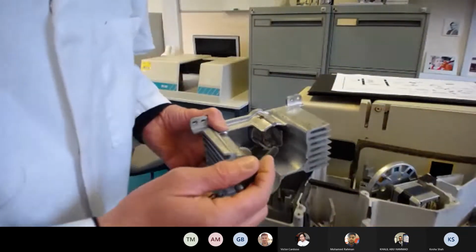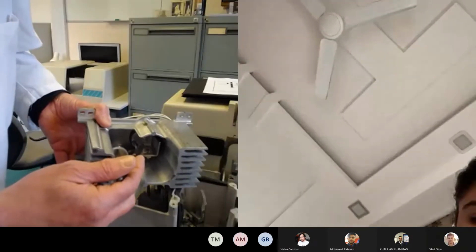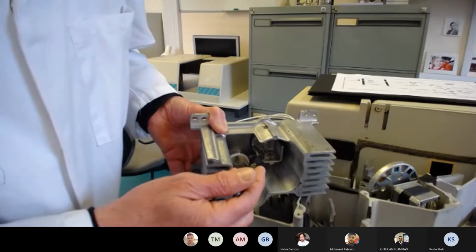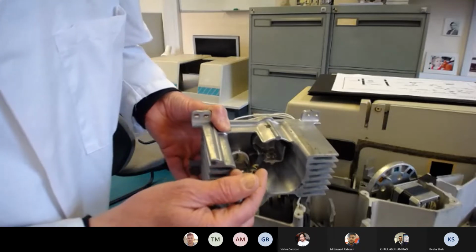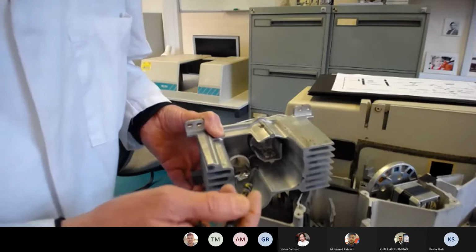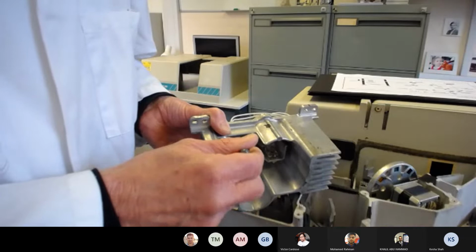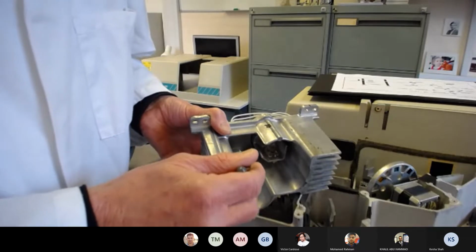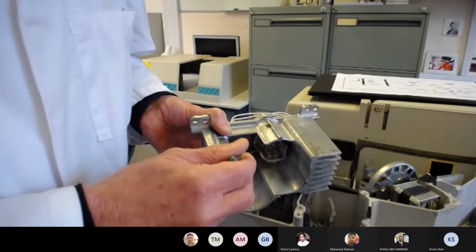Okay, so you've got basically in there a tungsten light source. That's for dealing with wavelengths in the visible, really wavelengths greater than 350 nanometers. And this larger light source here is called a deuterium light source, and this is for looking at wavelengths in the ultraviolet.